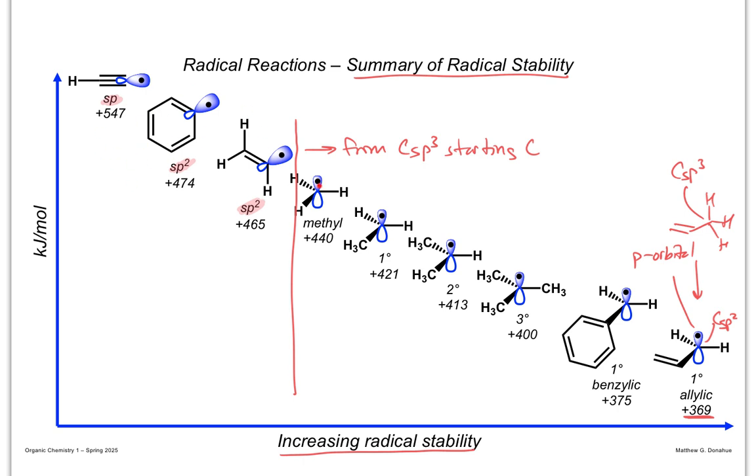And then as we get into carbons that were originally sp3, they're rehybridized to sp2 with the radical in the p orbital. Basically, as you increase the substitution around that carbon, you increase the stability, and it makes that original CH bond easier to break.